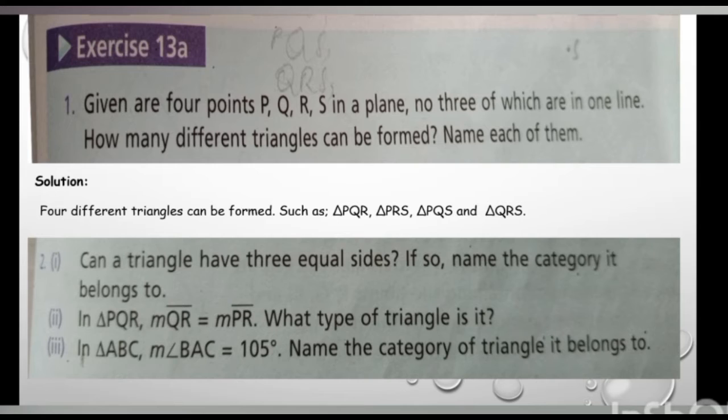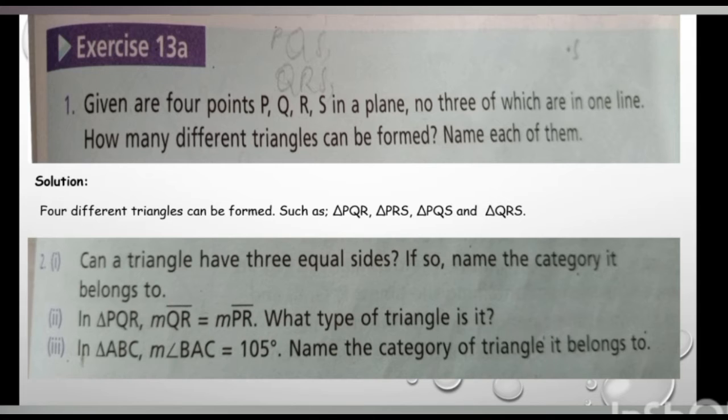In triangle PQR, measure of side QR equals measure of side PR. What type of triangle is it?